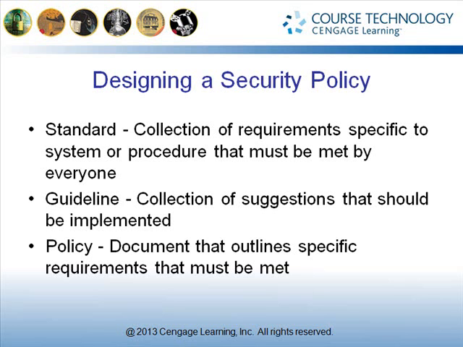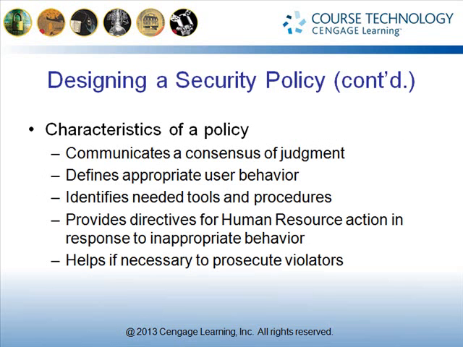A guideline, on the other hand, is a collection of suggestions that should be implemented. They're not requirements, but they could be strongly recommended. A policy is a document that outlines specific requirements or rules that must be met. So we can see that a policy differs from a standard and a guideline. A policy usually has characteristics like these.